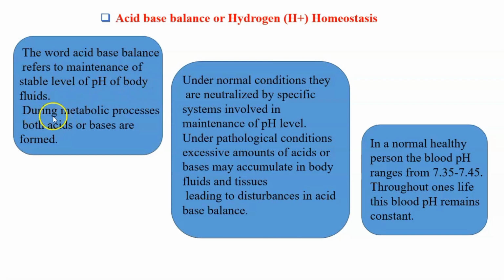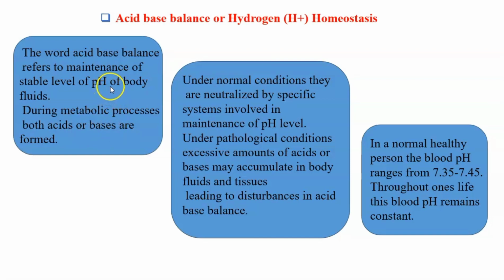You know, during metabolic processes and biochemical reactions, your glycolytic pathway, protein degradation, your lipid degradation, and biosynthesis and all the other metabolic processes, they generate acid or base in the body.